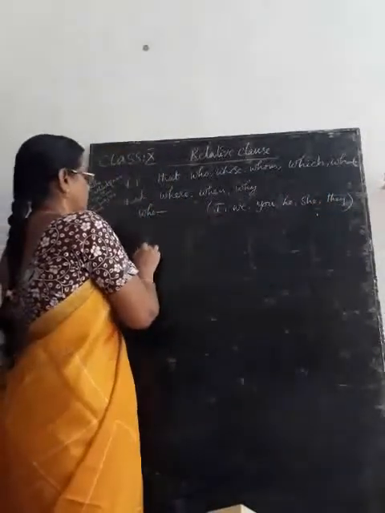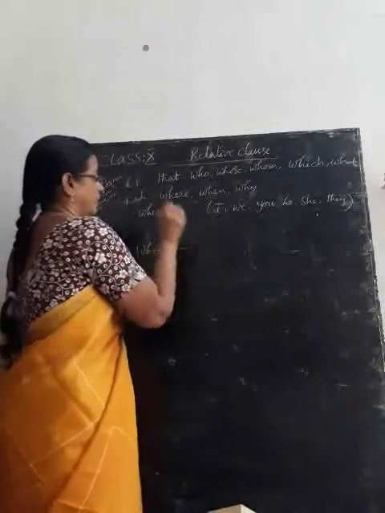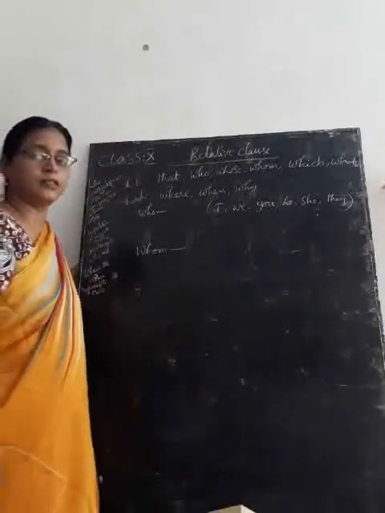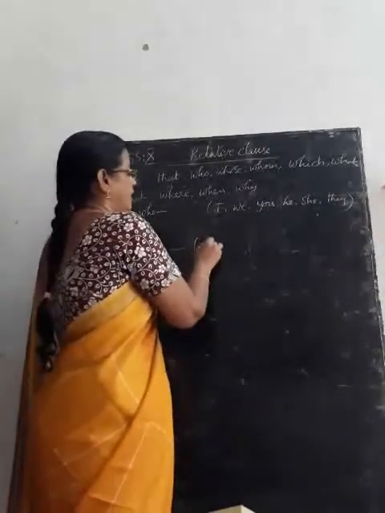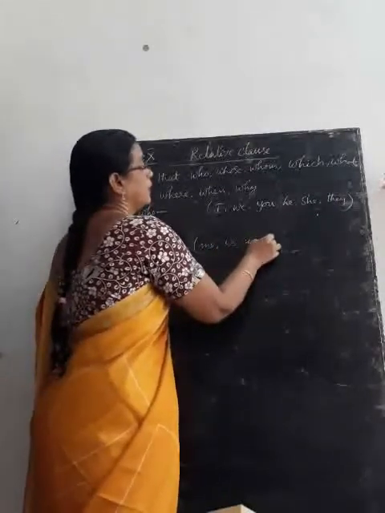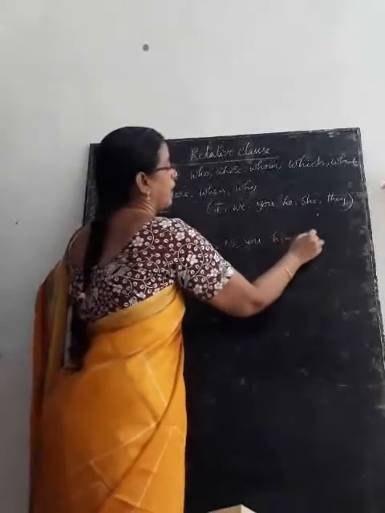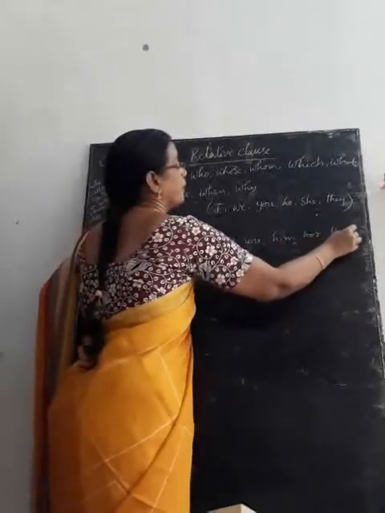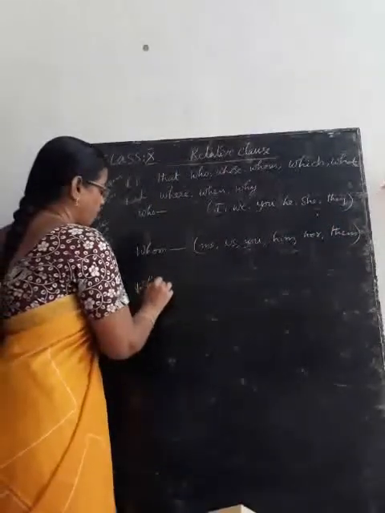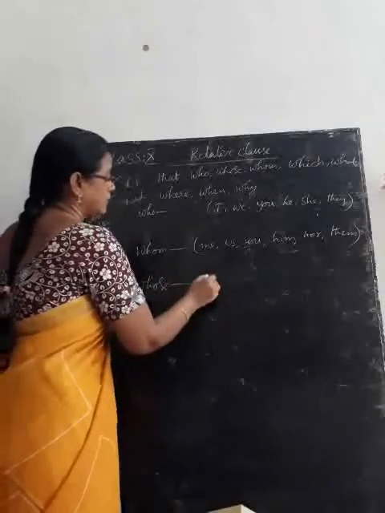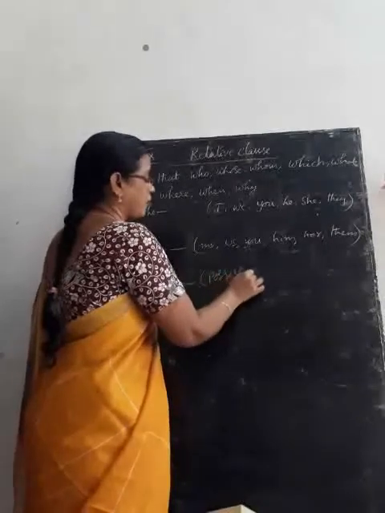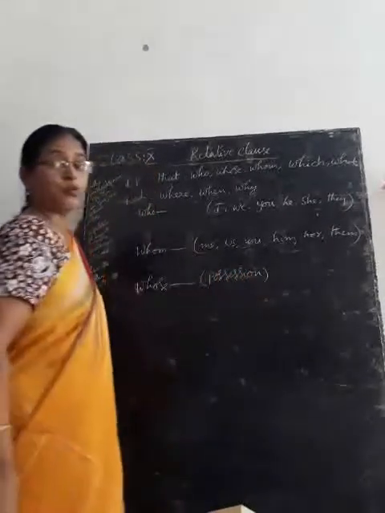Whom is used instead of noun or pronoun in an object position. Suppose me, us, you, him, her, them. Whose indicates possession. The relative pronoun whose shows possession.